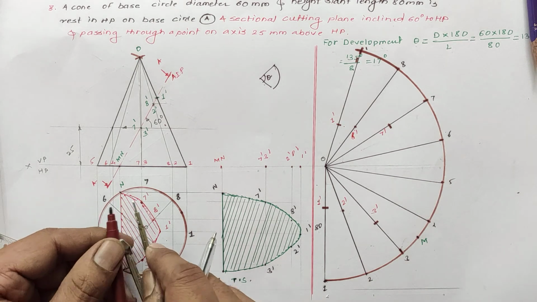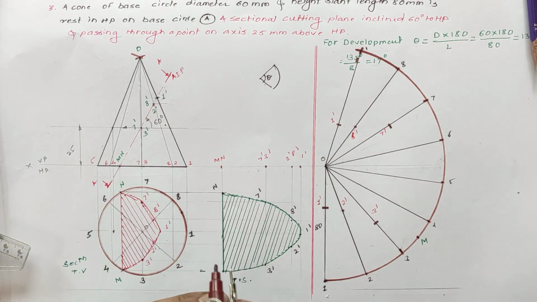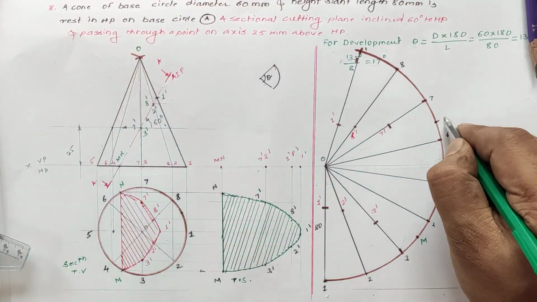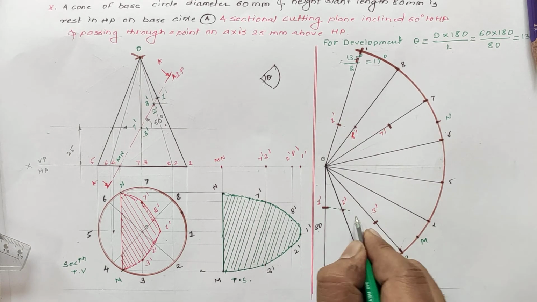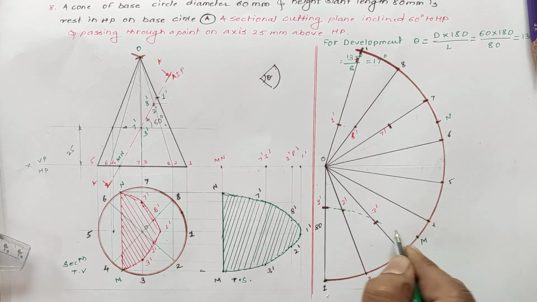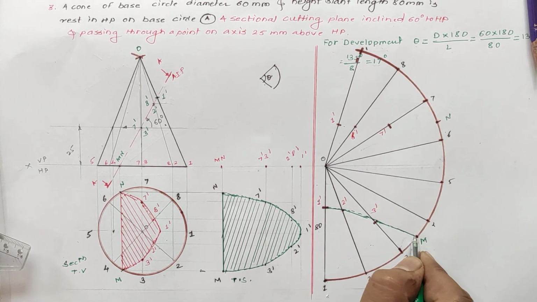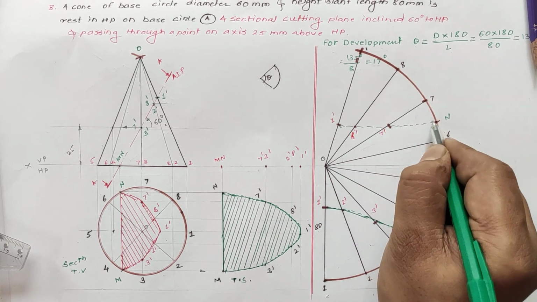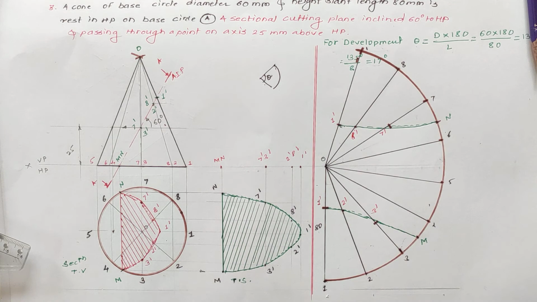Similar way, point 7 to N distance, take the distance 7 to N, okay, and connect with the first dotted line and then with the dark line, and this is the development of the given problem.